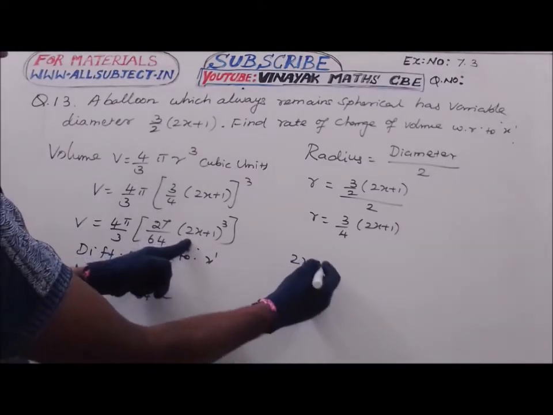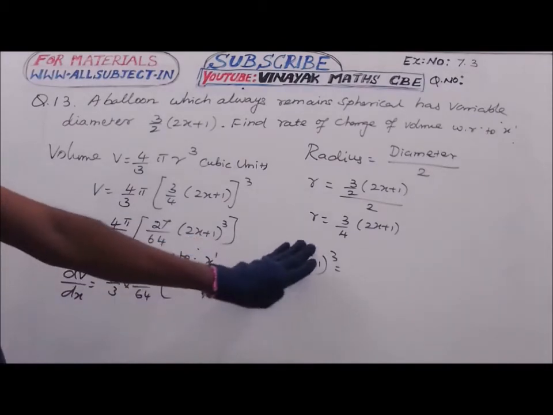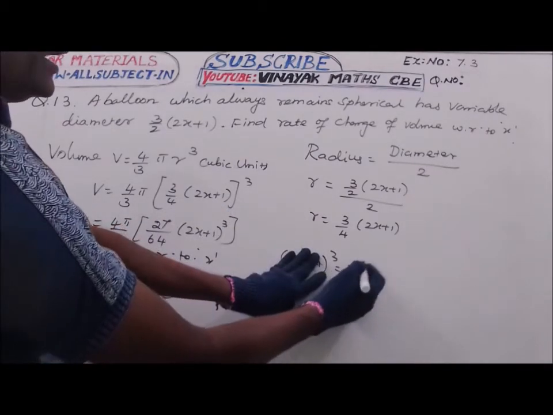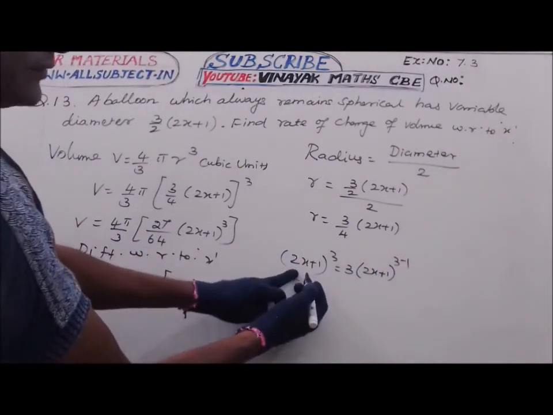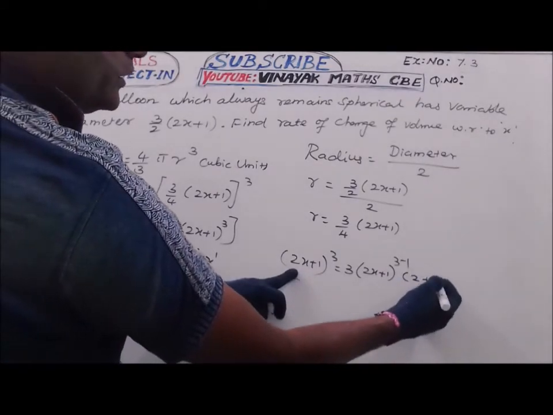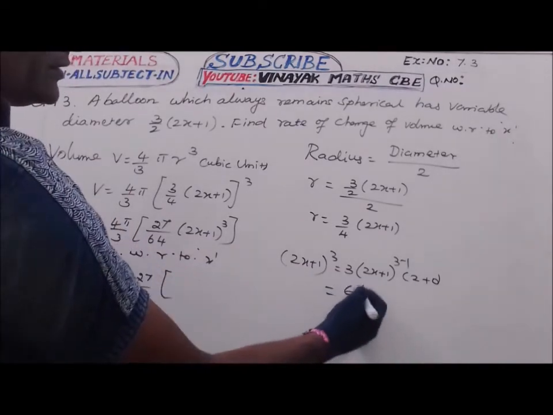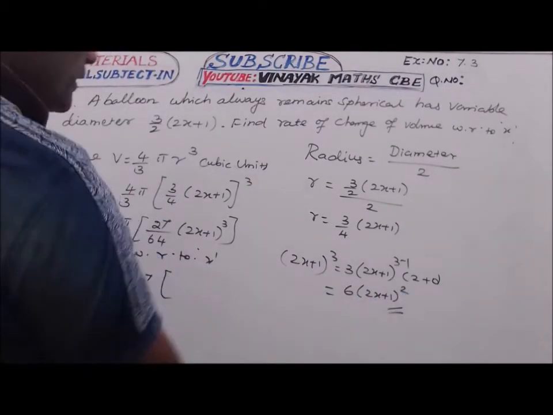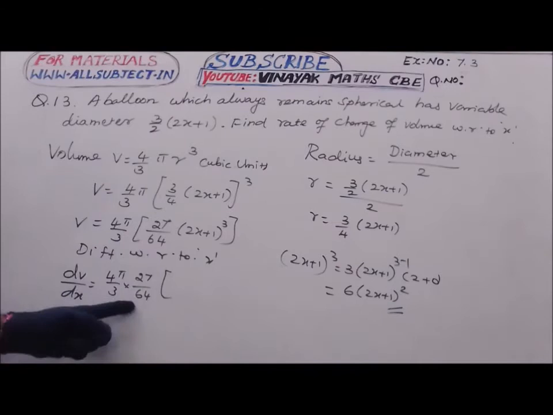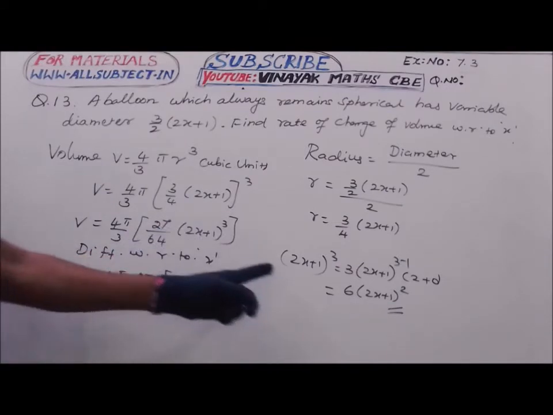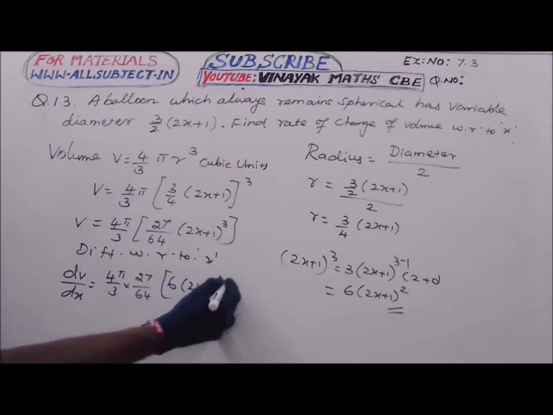The derivative of (2x plus 1) whole cube: by using the chain rule, first apply the exponent formula n into x power n minus 1, and then differentiate the term within the bracket, that is 2 plus 0. 2x is 2, then the constant 1 becomes 0. So multiplying these two we get 6 into (2x plus 1) whole square. These are constants, we have kept them as they are, and the derivative of (2x plus 1) whole cube is 6 into (2x plus 1) whole square.